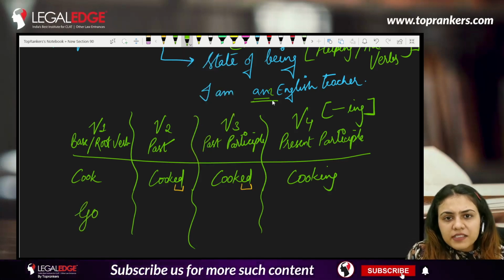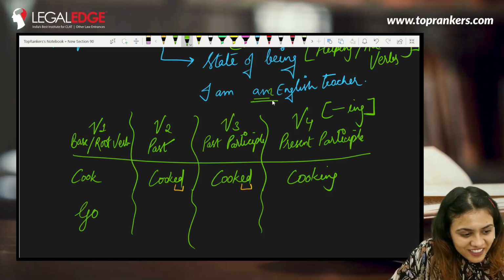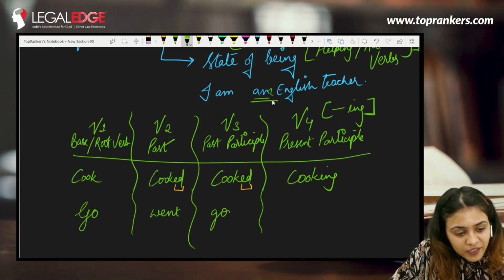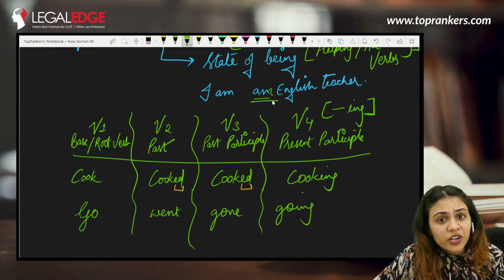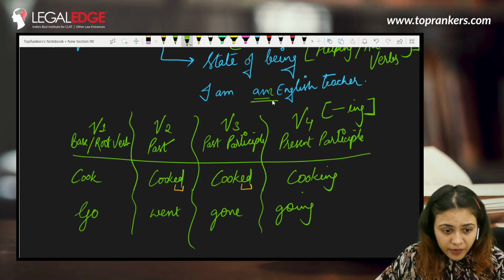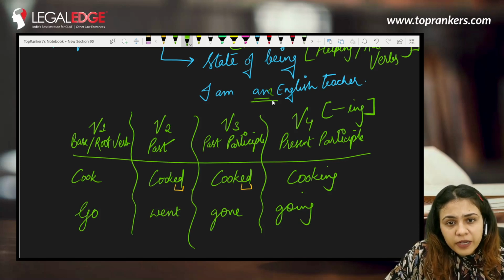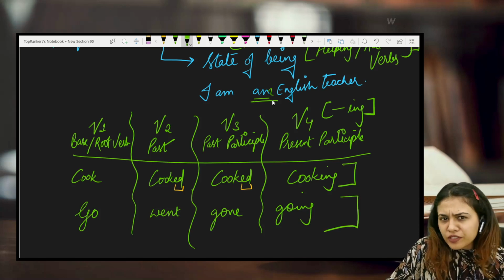Okay. Let's, for instance, take another verb. Now, what is the past tense of go? Can I say goed? Is it possible? A big fat no, right? Go, went, gone, going. Now here, when I wanted to change it into past, I did not really add ed to it, right? Now, when we simply add ed to make a root form of verb into past tense, such verbs are known as, do you guys know the answer?